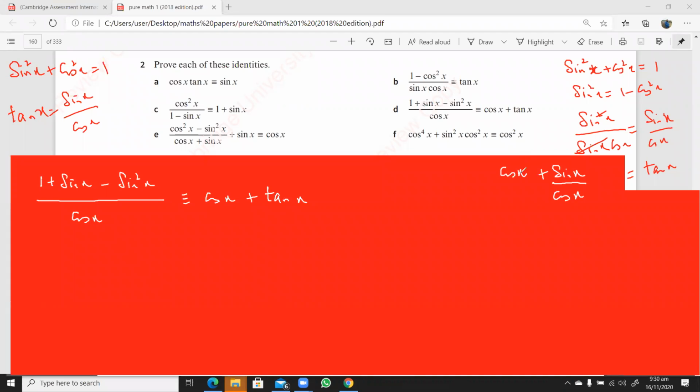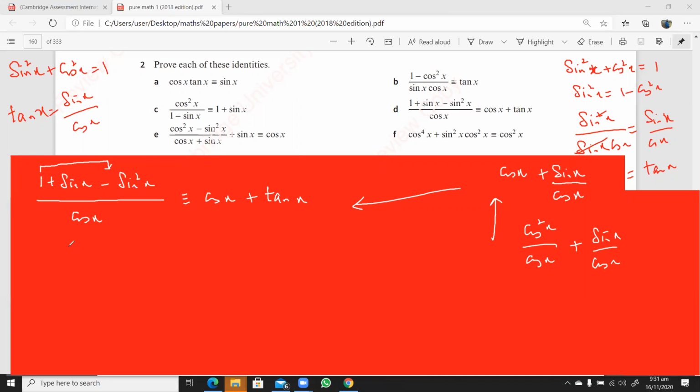So I can assume that I should be getting something like this, which can be written backward like this, and then you can write this as cos x plus tan x. So now clearly I have a clue that I should combine this 1 and minus sin square x.